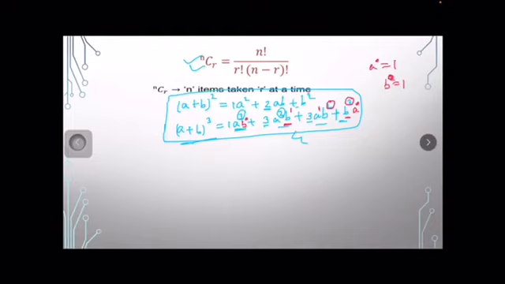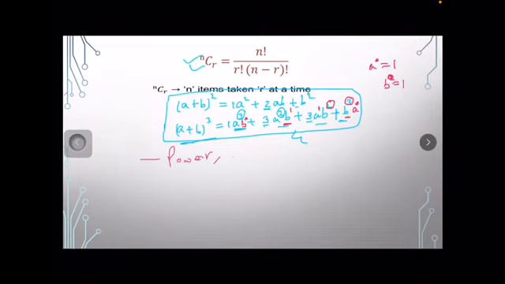So what you can see here is how the powers of a and b decrease or increase. The power of a goes 3, 2, 1, 0, so the power of a decreases, right?